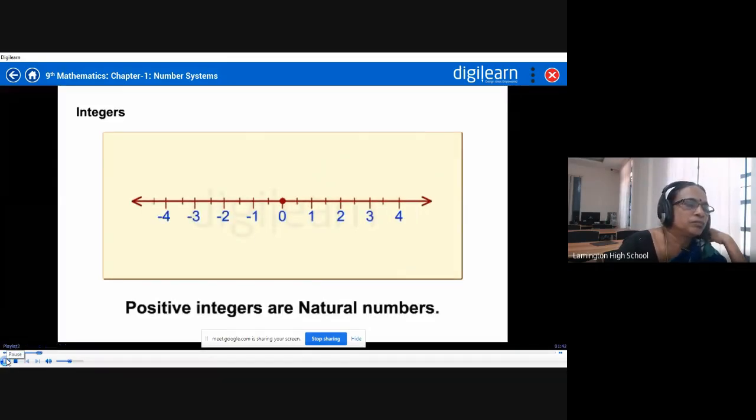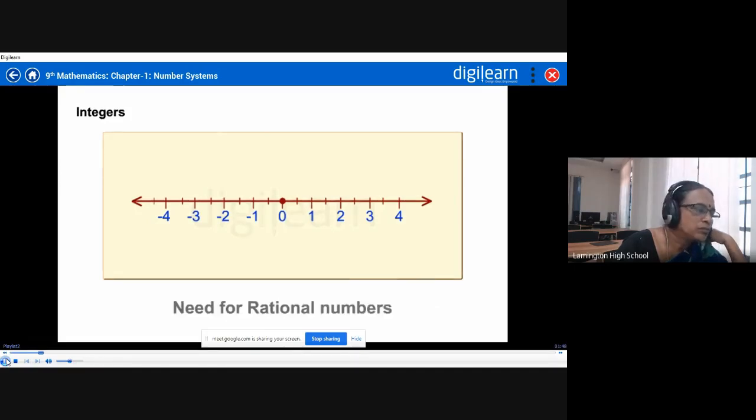So the positive numbers and negative numbers, including 0, we call the set of integers.